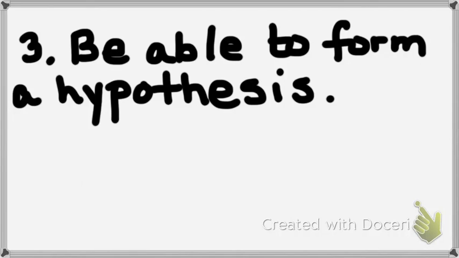Just go back and read how we wrote hypotheses. And then I also remember at the end of that activity, we practiced looking at sentences and being able to pick out which would be a hypothesis. So make sure you review that lab that we did. It was called Scientific Method, and it was using the earthworm.